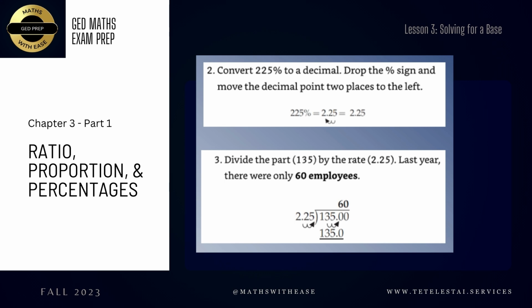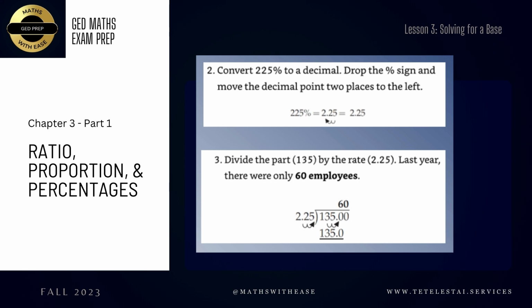If you remember one of the notes that was in chapter 2, dividing by a decimal that is greater than 1. Remember we said that 225 percent, because the portion is greater than the base, we know that that percentage or that rate is greater than 1.